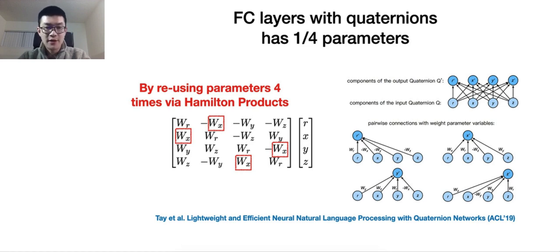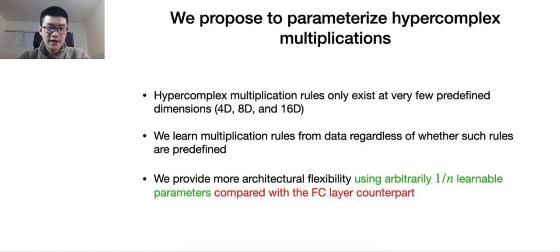That's why, as we just mentioned, such a trick enables the FC layers to have only 1 over 4 learnable parameters. However, beware that the hypercomplex multiplication rules only exist at very few predefined dimensions, such as 4D, 8D, and 16D.